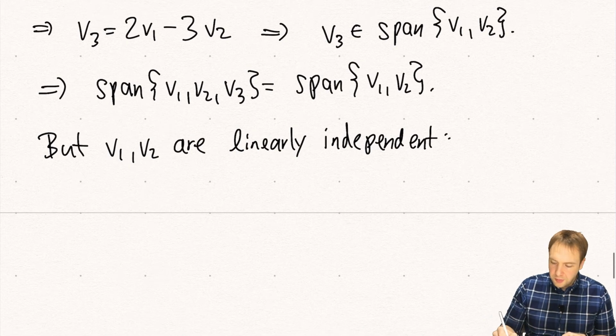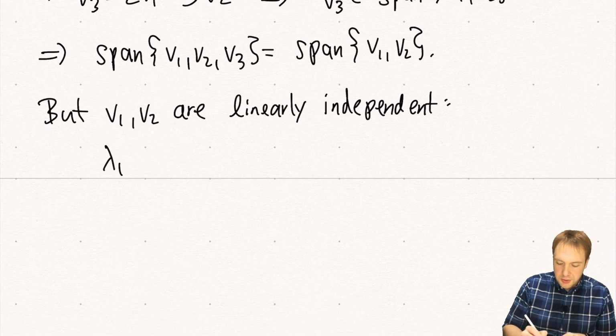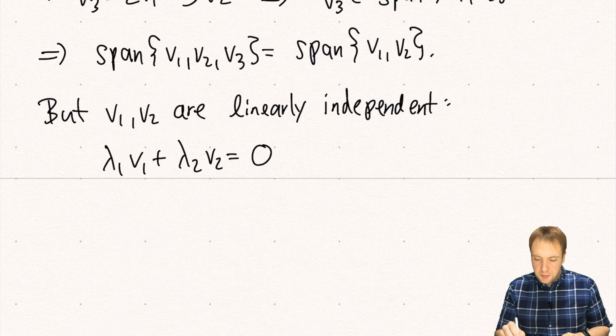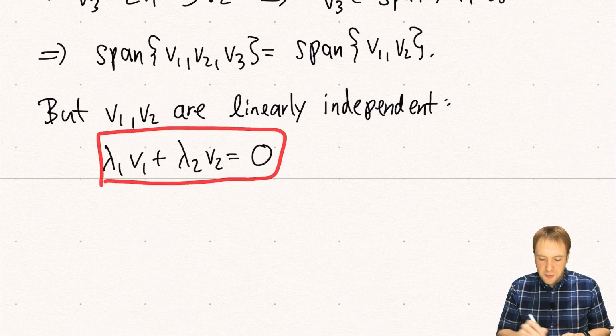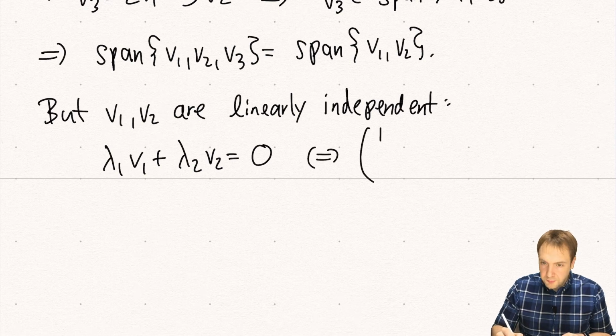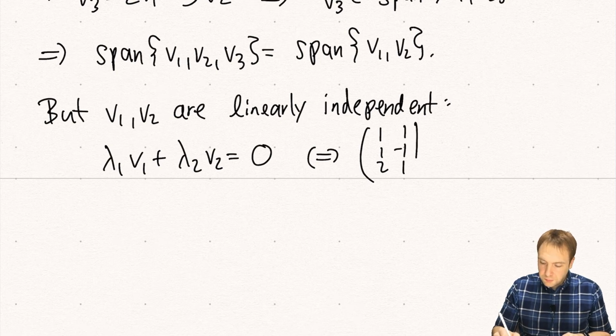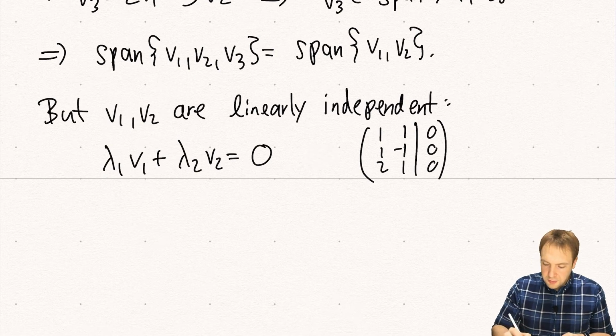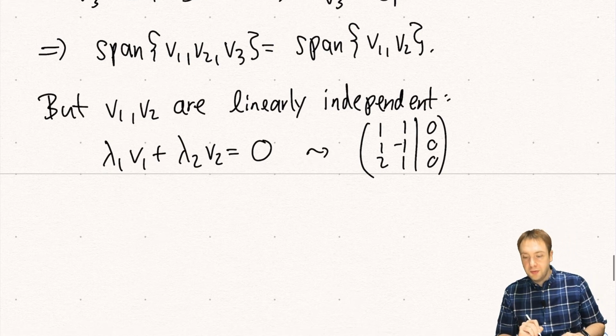Because if I try to consider a linear combination which is 0, then I would do the same calculation as before without v3. So I would just consider the first two columns. So this would lead to this augmented matrix.